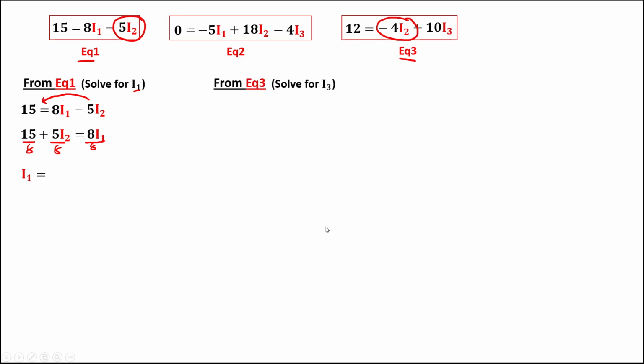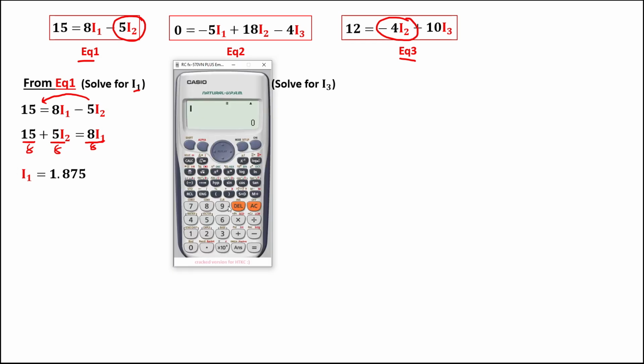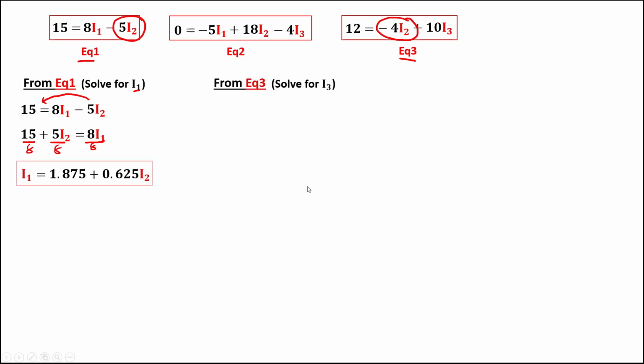That's 1.875. Then plus 5 divided by 8, that's 0.625 times current 2. So this is for current 1. Then from equation number 3, to solve for current 3, transpose this current 2 to the other side.